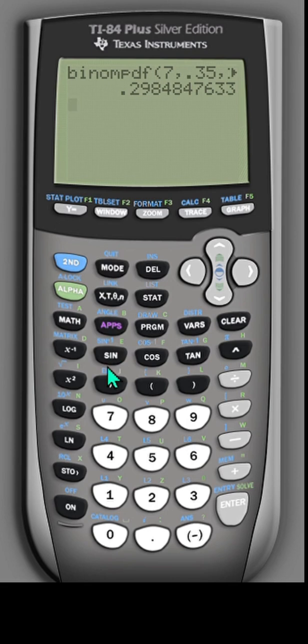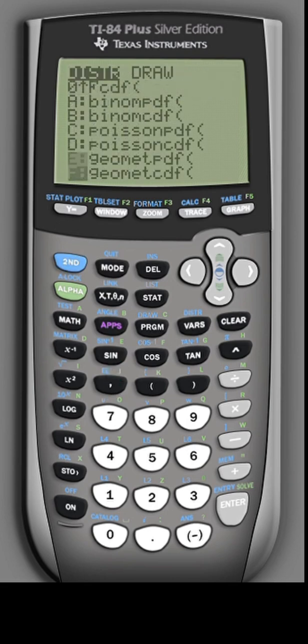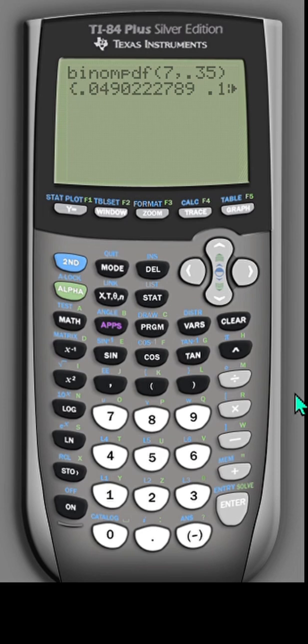I'm going to do the same calculation, but I'm going to leave out x. Again, if I calculate without entering the value of x, I get a list of items. As I click to the right, the values start scrolling.